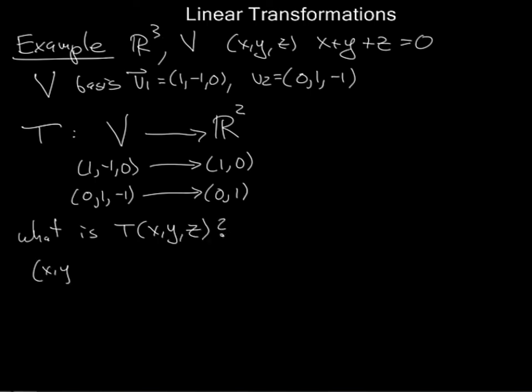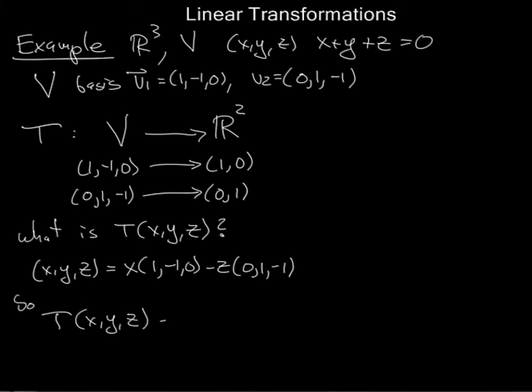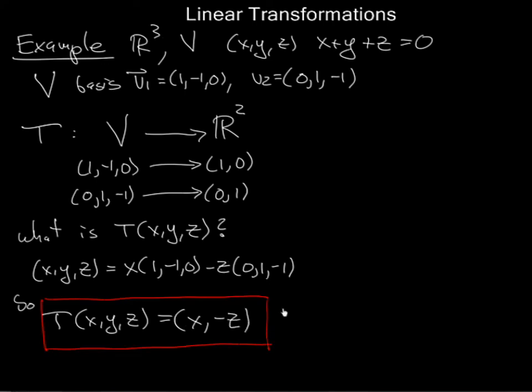So where does XYZ go? Well, XYZ is X times this basis vector plus minus Z times 0, 1, minus 1. And so, according to the properties of linear transformation, the map takes XYZ to the two-tuple X, minus Z. So this is an identification of this two-dimensional vector space with R2.